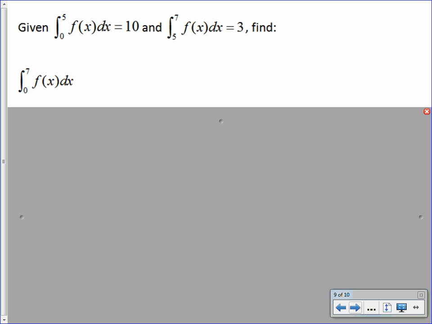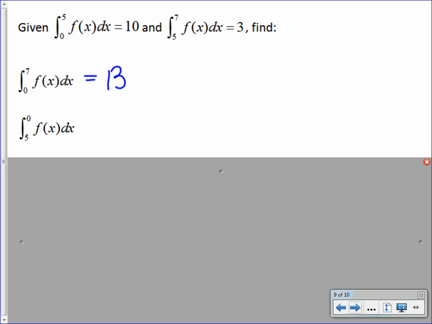Okay, so the integral from 0 to 7 would be 13? Why? Because A to C and C to B is the same as if you added them together. We can add those two pieces together. We're just adding the areas together, right?